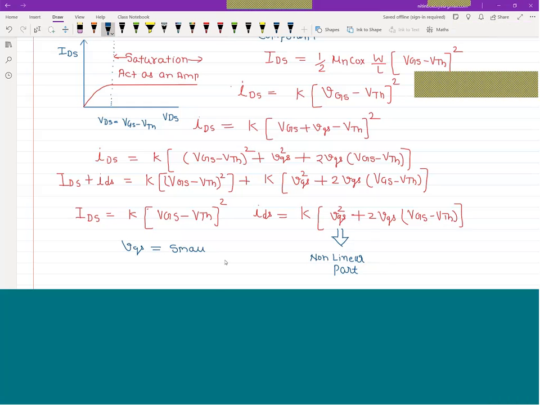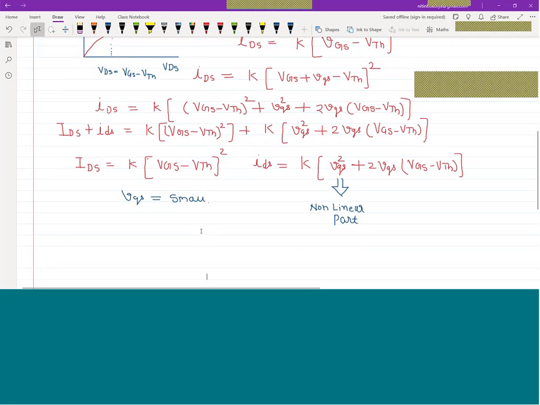If the value of VGS is very small, then you can neglect the non-linear part. What condition is required?